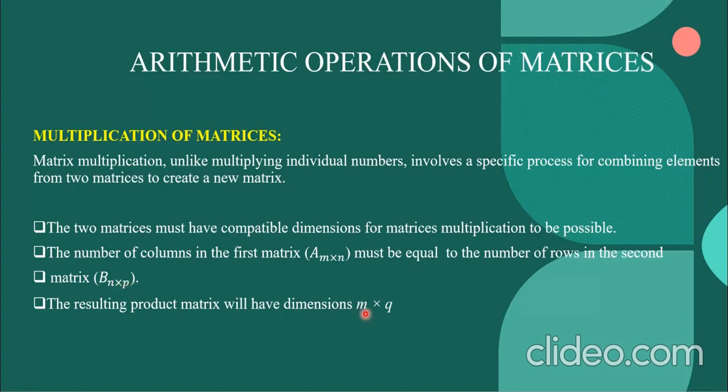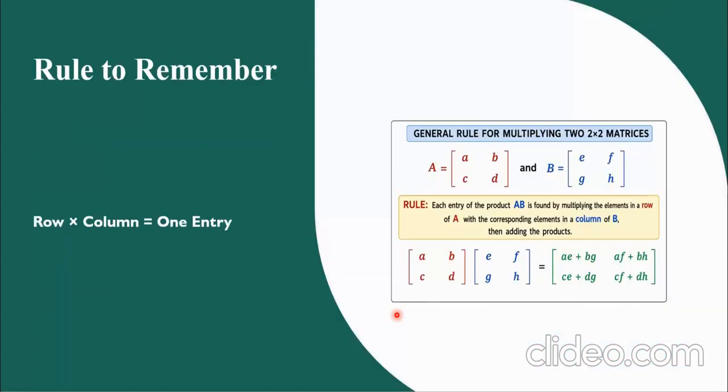So our result will be m by q. So let's put all these things into a simple term.